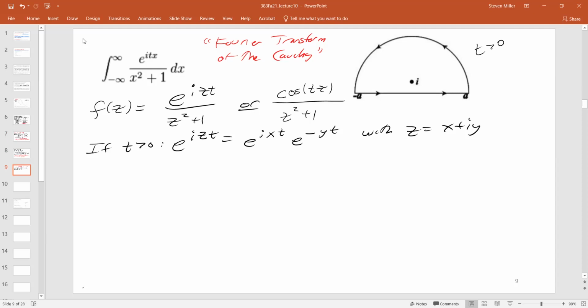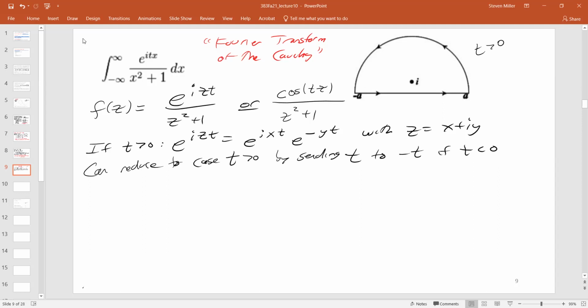And so I can always reduce to the case that t is greater than 0, by sending t to negative t if t is less than 0.